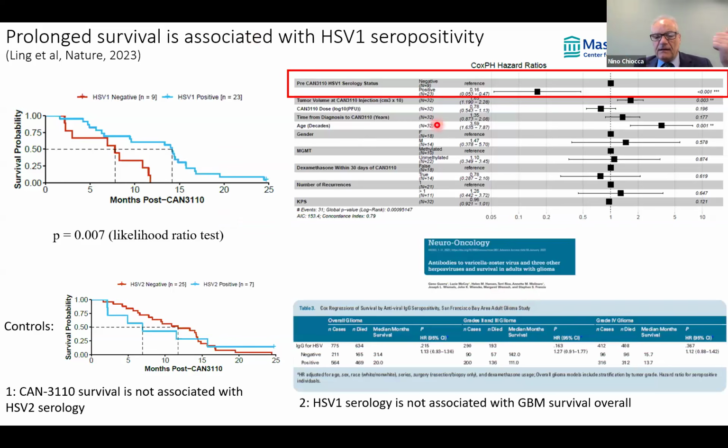He was looking at whether VZV, CMV, EBV, as well as HSV1, had anything to do with survivorship. And what you can see is the HSV1 serology in this large cohort of, I think, 10,000 patients, was not associated with GBM overall survival. So this seemed to be very, very specific to this particular virus, CAN310. It was not associated with just a general response of survivorship to antibodies to viruses.